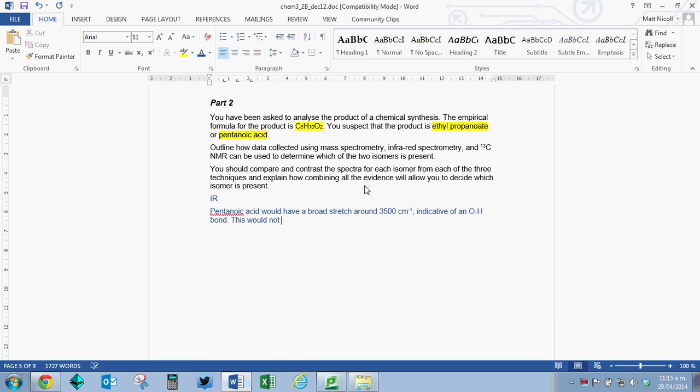This would not be present in ethyl propanoate.